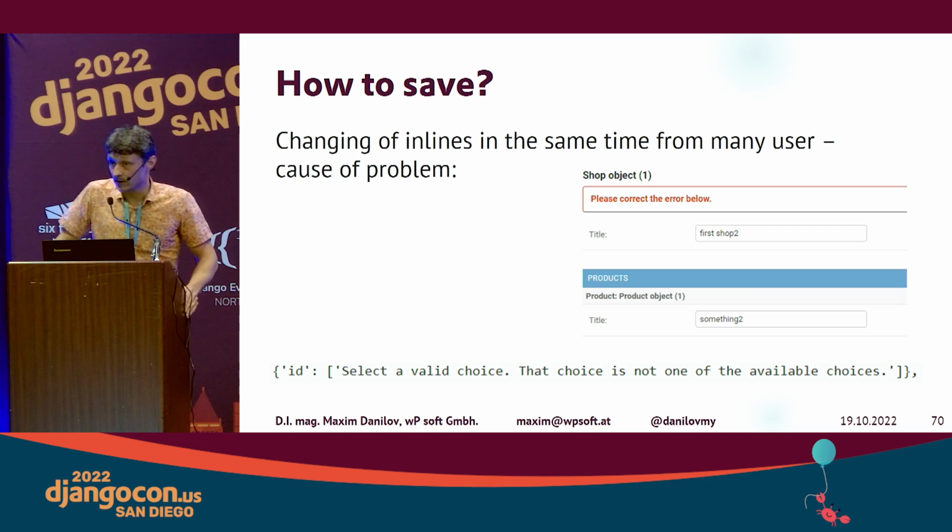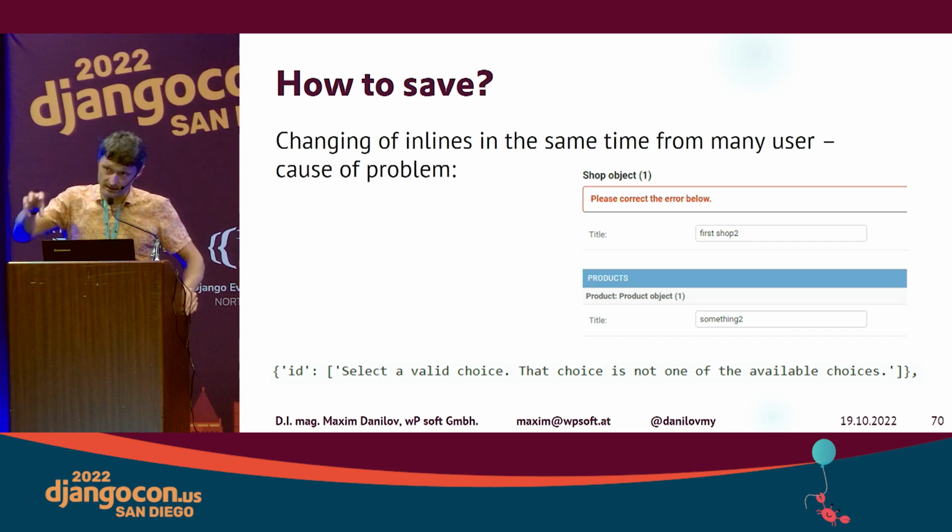And this is a famous problem in Django forms. For hidden fields, we don't see the error message. Of course, I know how we can change it, but right now, the problem is not in the error render. The problem is many users try to change the same objects at the same time.